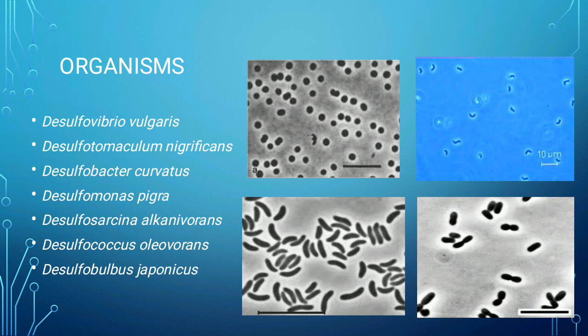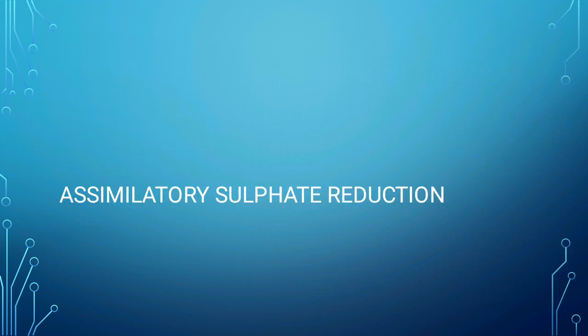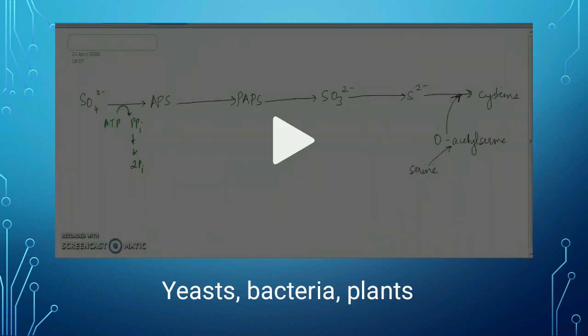That is the reason they use sulfate as a terminal electron acceptor. So dissimilatory sulfate reduction can also be called anaerobic respiration or sulfate respiration, because here sulfate is the terminal electron acceptor. Moving on to the second type of reduction, that is assimilatory sulfate reduction.